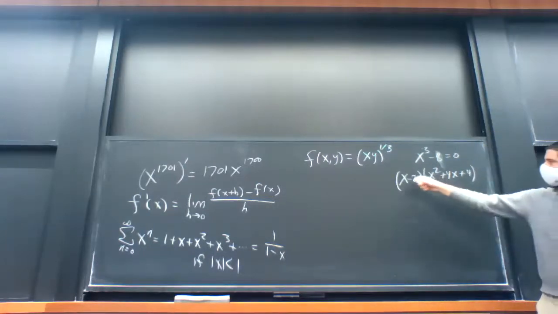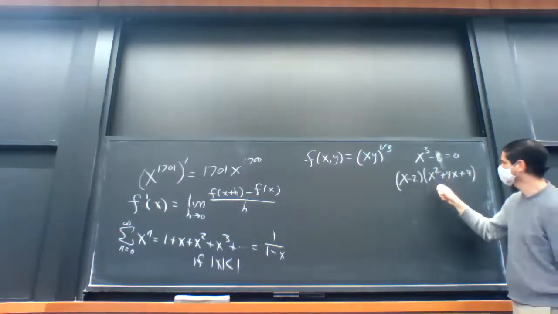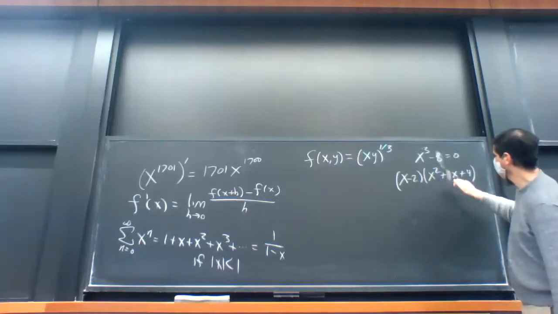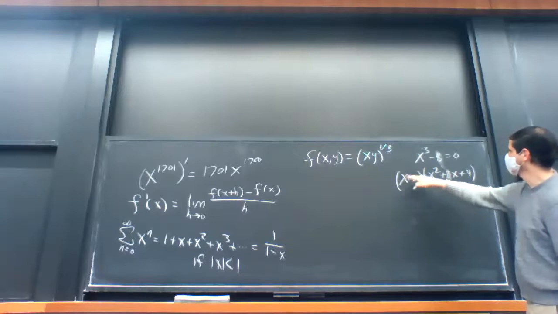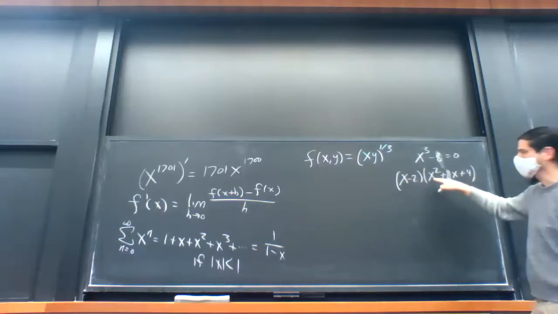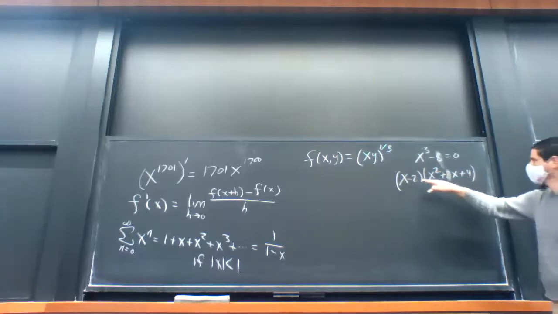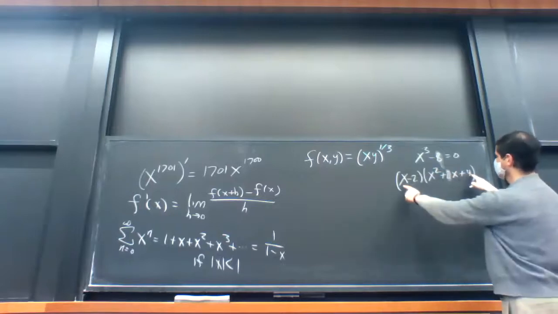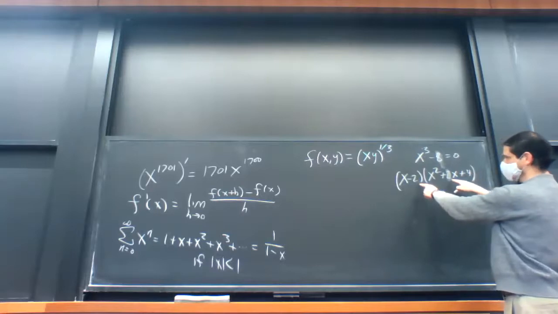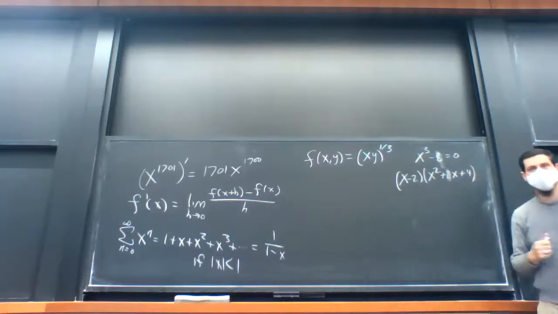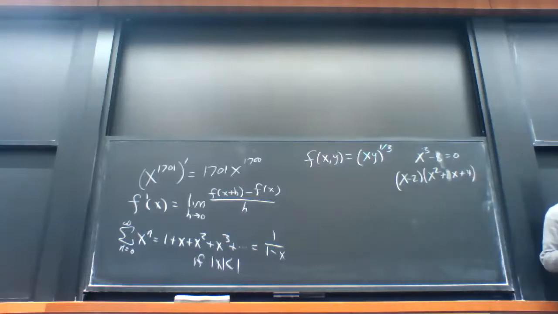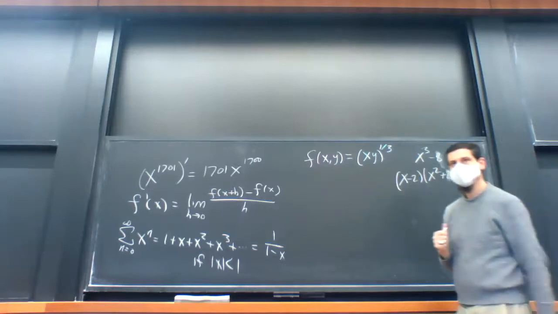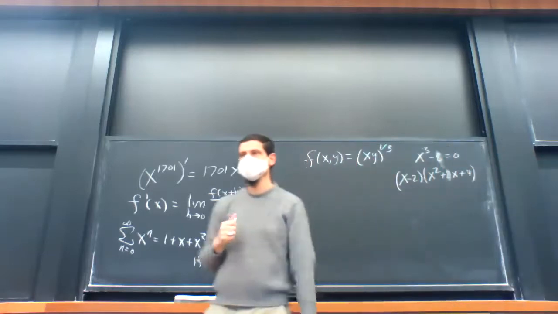And if I multiply things out, I'll get x cubed. Maybe I made a mistake here. So if I multiply it out, I'll get x cubed plus a 2x squared minus a 2x squared, so they cancel. Then I'll have a 4x minus a 4x, so they cancel. And I'll have a minus 8. So this is actually the factorization for the difference of two cubes.